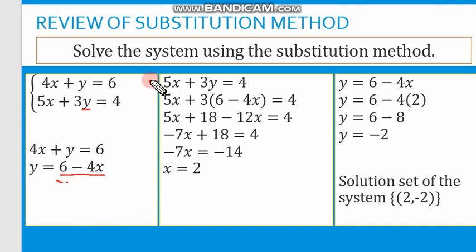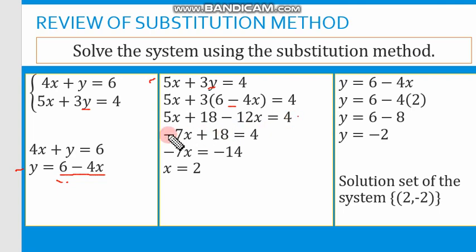So we will use the second equation, 5x plus 3y equals 4. So 5x plus 3 times the quantity of y, which we derived from our first equation, 6 minus 4x, equals 4. We substitute that for our y. So 5x plus 3 times 6 is 18, and 3 times negative 4x is negative 12x, equals 4.